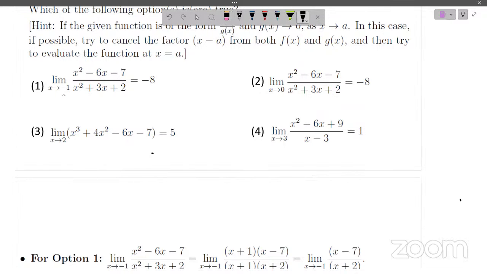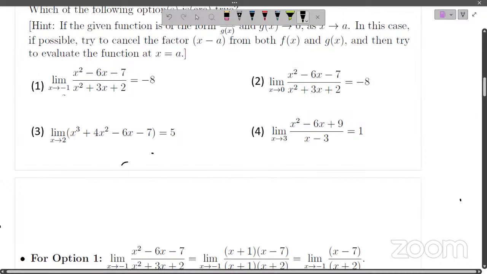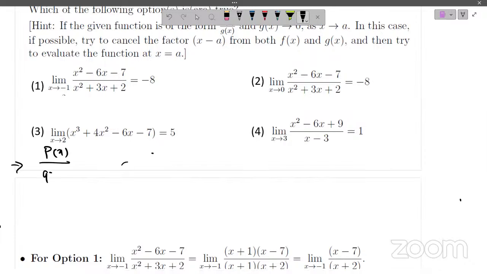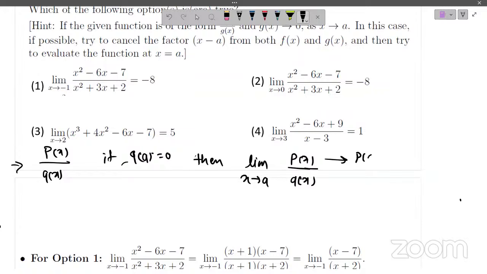If q(a) is not equal to 0, then the limit as x goes to a of p(x) by q(x) is p(a) by q(a). But if q(a) is equal to 0, this limit is not defined, and we are not able to find the limit exactly.